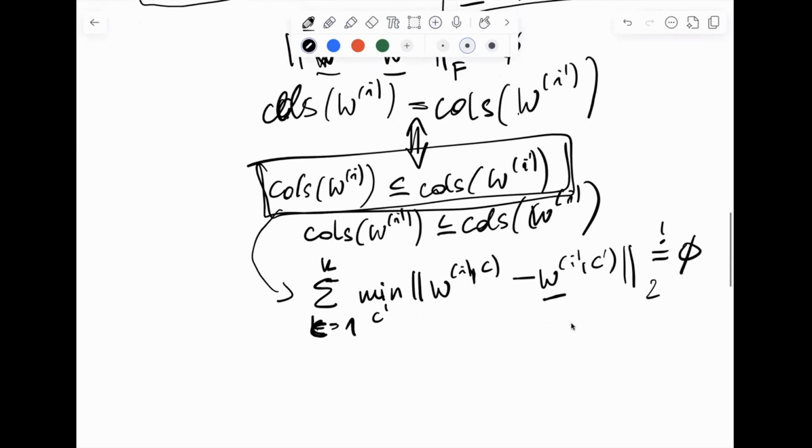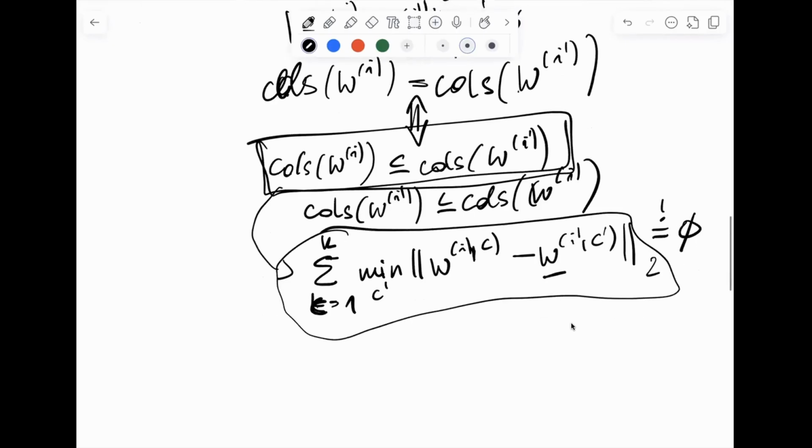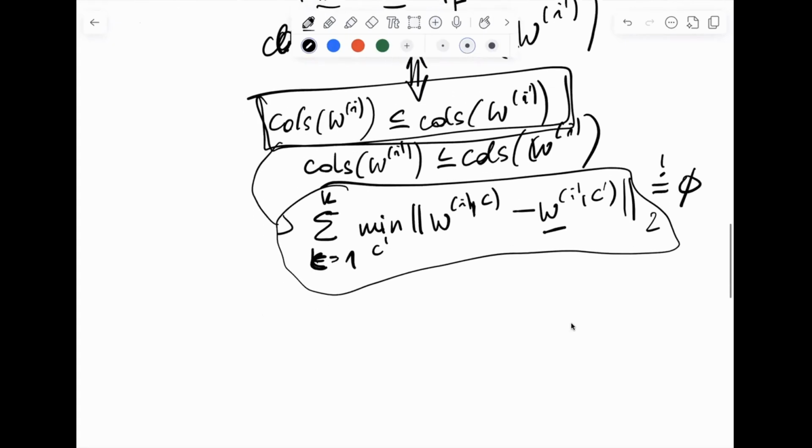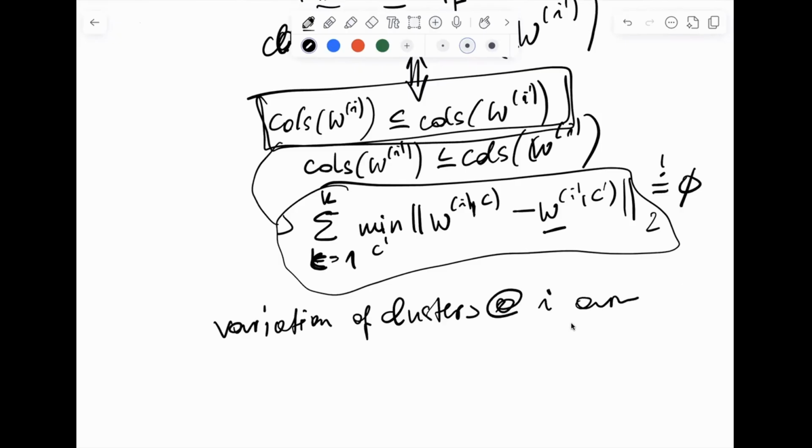And now we're getting closer to our final choice for this variation term. So we use as a measure for the variation of clusters at some node I and I prime, this quantity.